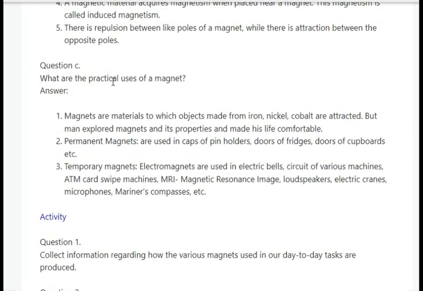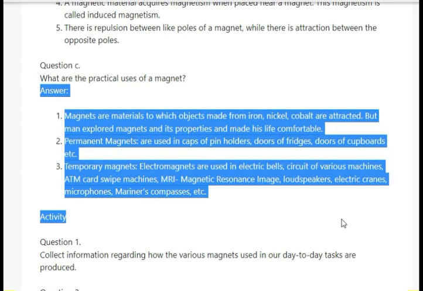Question C. What are the practical uses of a magnet? Answer: magnets are materials to which objects made from iron, nickel, cobalt are attracted. But man explored magnets and their properties to make his life comfortable.